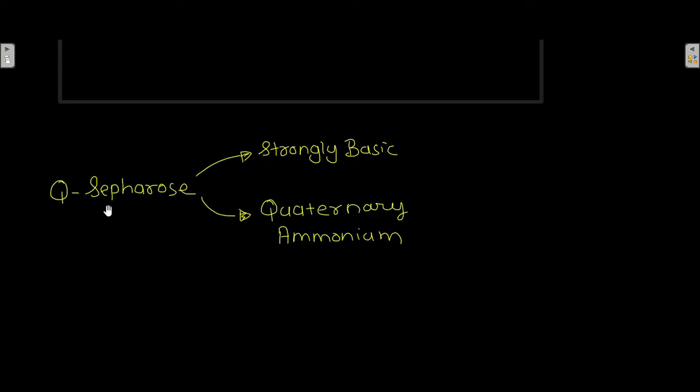Another anion exchanger is Q-Sepharose. This is a strongly basic anion exchanger, and it has quaternary ammonium as its functional group.